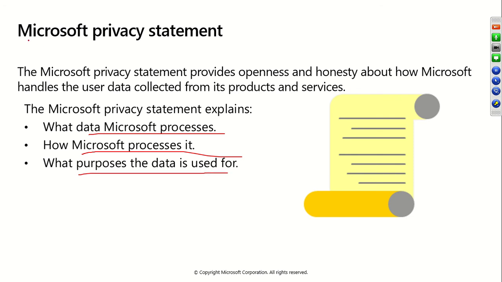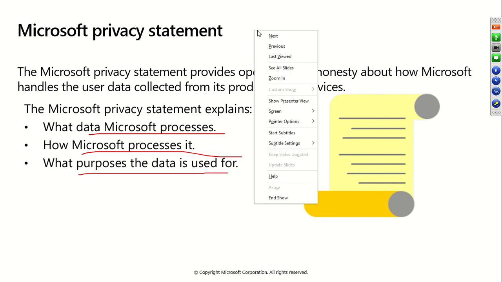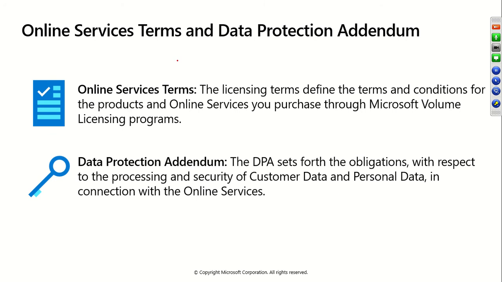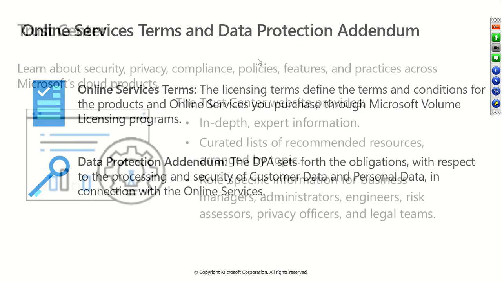So you can always read the Microsoft privacy statement before you sign up with Microsoft Cloud. Also, there is an online service terms and data protection addendum, which will help to protect your data. That means Microsoft also complies with the current South African regulation around data protection that started yesterday.